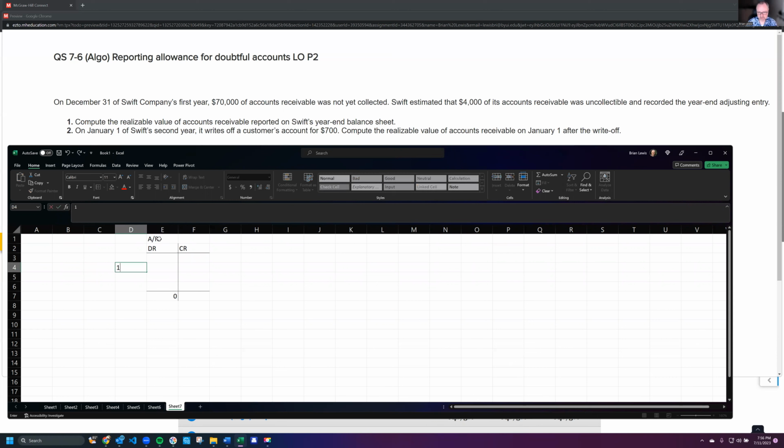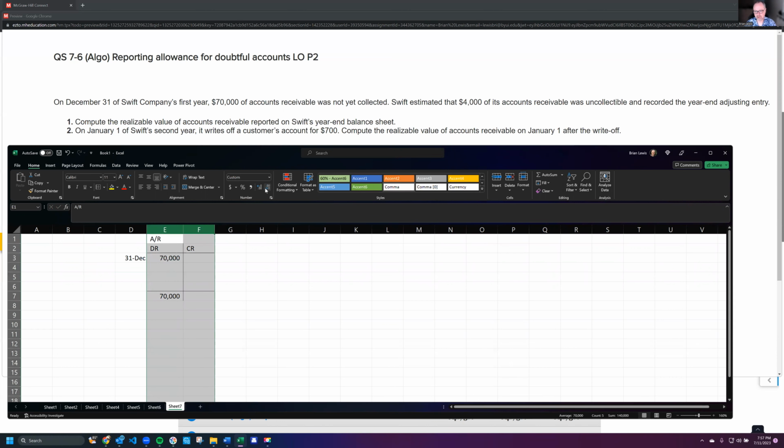So on 12/31, they had $70,000 in accounts receivable. I like to make sure that these are okay. Swift estimated that 4,000 of its accounts receivable is uncollectible and recorded the year-end adjusting entry.